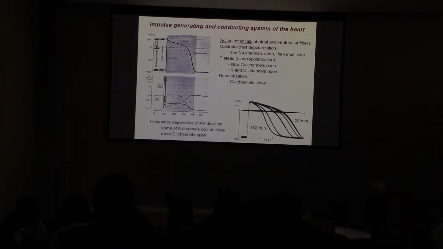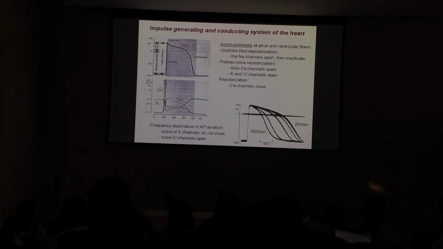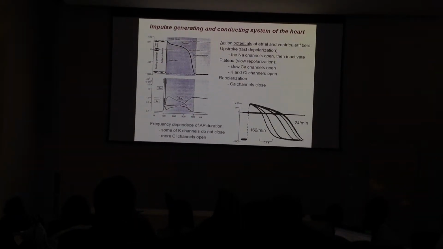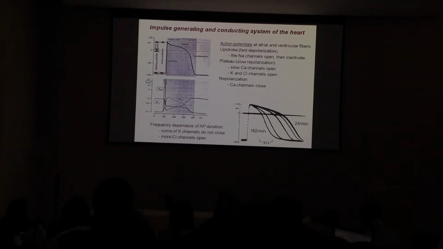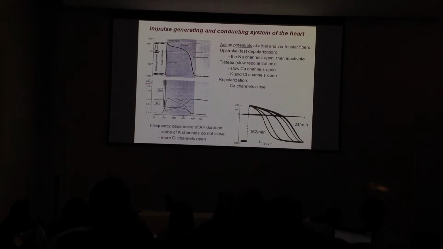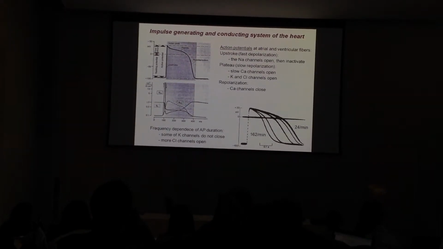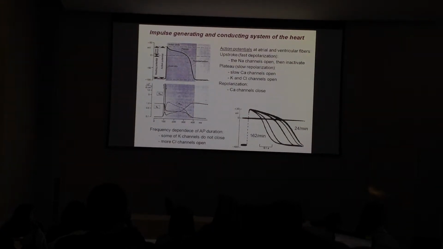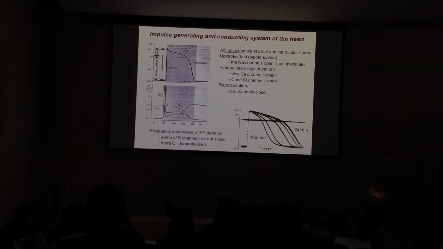I would like to mention that this is the time scale, several hundred milliseconds. Do you remember? On skeletal muscle, an action potential lasts about 1, 2, 3 milliseconds, very fast. Or in the neuronal structure, the action potentials are very fast.